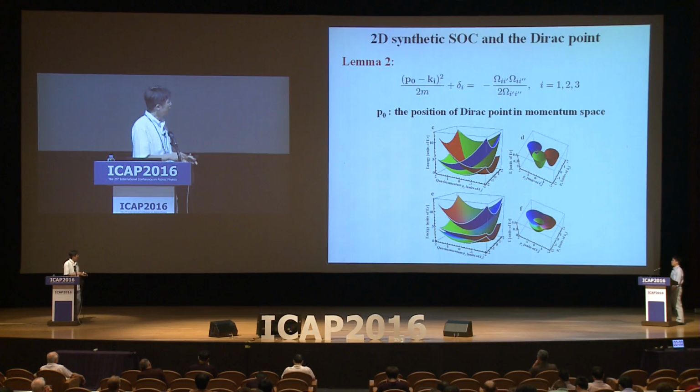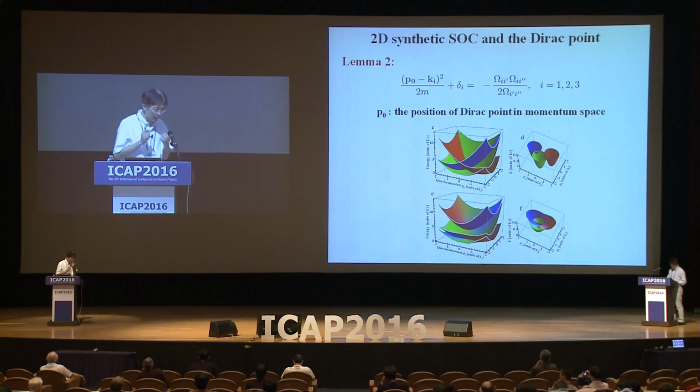If we have a circular Raman coupling between these states, and we add this Raman coupling, you can change this dispersion. So it becomes round, and we can see this Dirac point between the 2 energy bands.